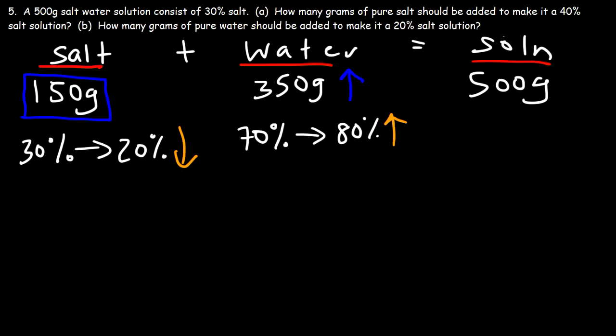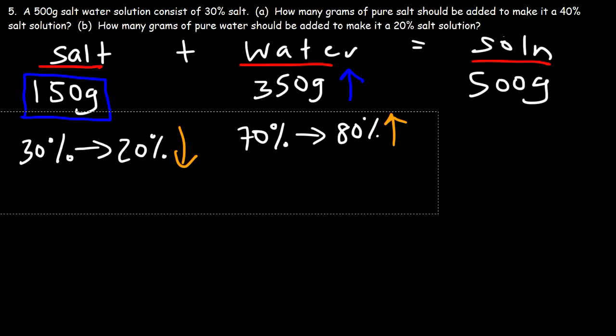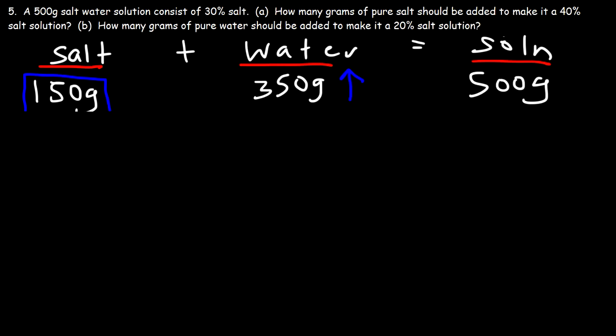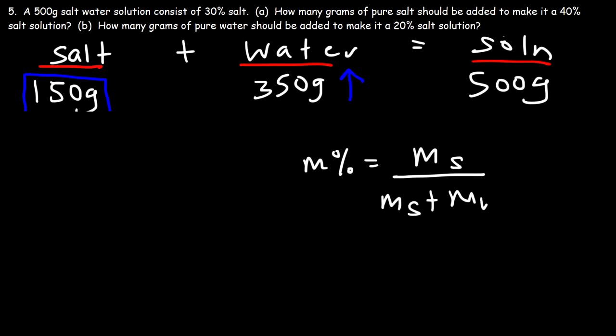So now let's go back to the equation that we had before. So that was the mass percent is equal to the mass of the salt divided by the mass of the solution, which is the mass of the salt plus the mass of the water, and then times 100%. So the mass of the salt is going to be 150.